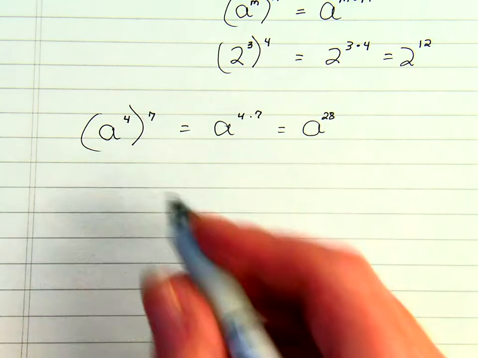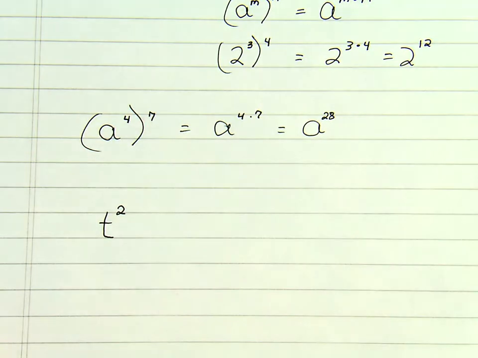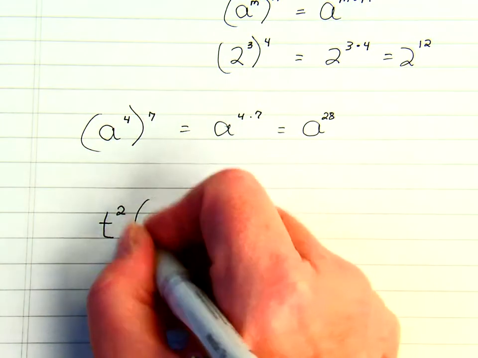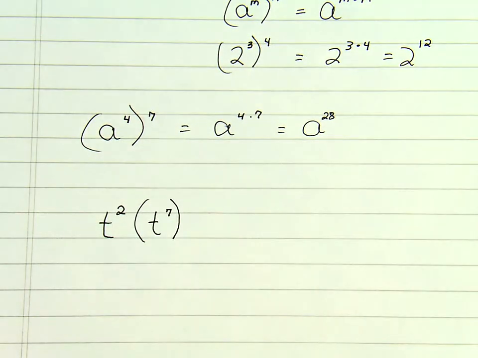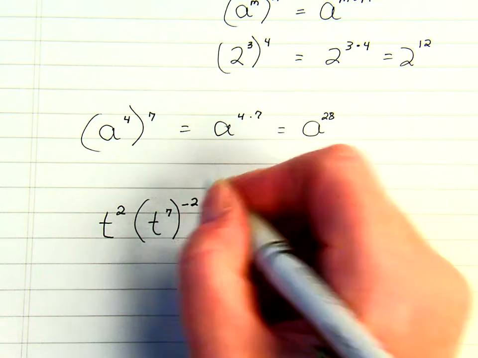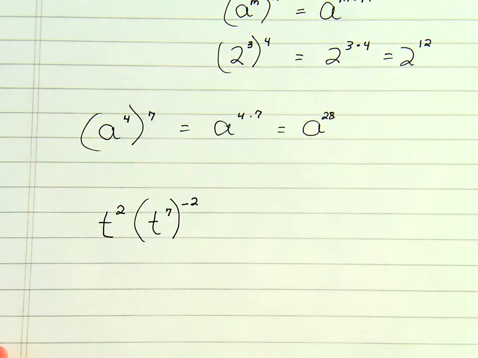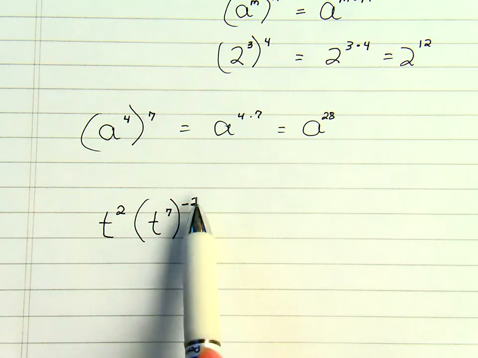We've got t squared times t to the 7th, and we are going to raise that to the negative 2. What is important to note here is that only this t to the 7th is being raised to another power.